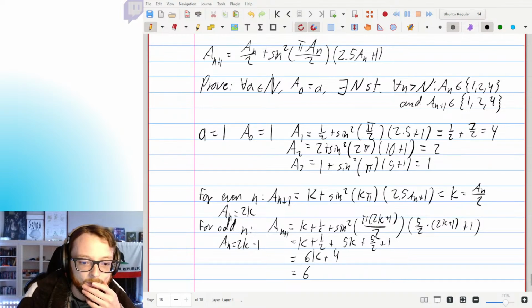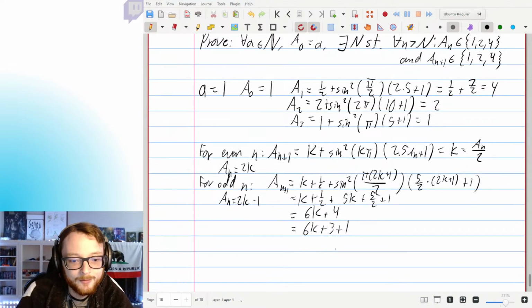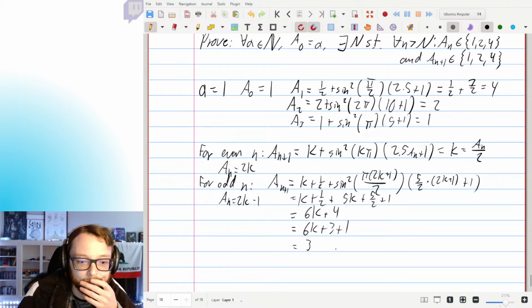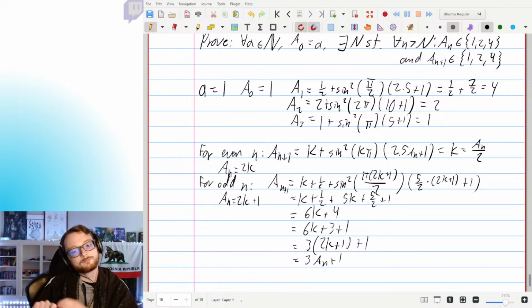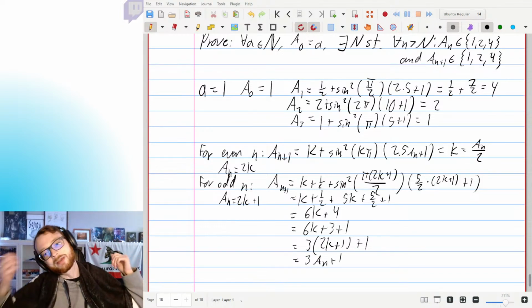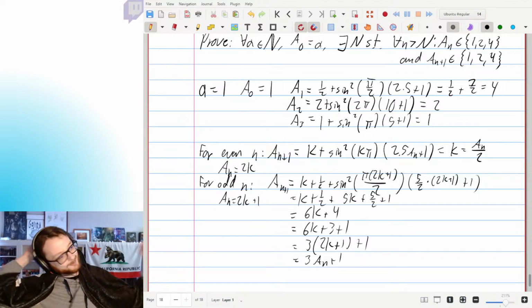You split it up into 6k plus 3 plus 1. You factor the 3 out from the first bit to get 3 times 2k plus 1, plus 1. And then, of course, 2k plus 1 is just a sub n. There you go. Okay, so that's why it's the exact same thing as the Collatz conjecture.